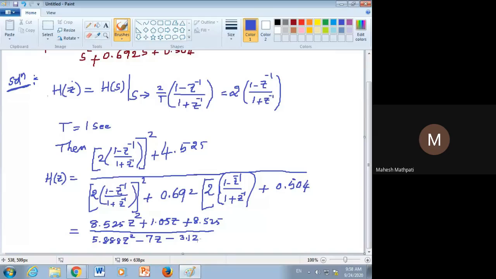How many of you have got this answer? Something is missing here. I don't know whether my answer is wrong or your answer is wrong. Please check this answer.